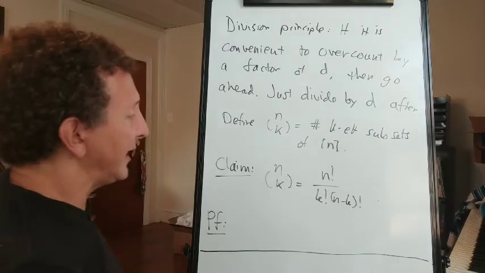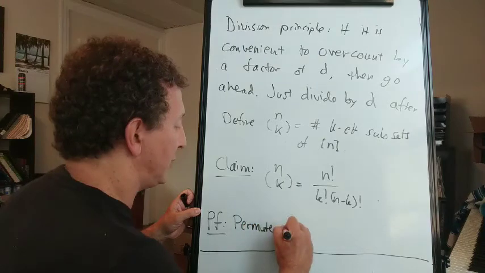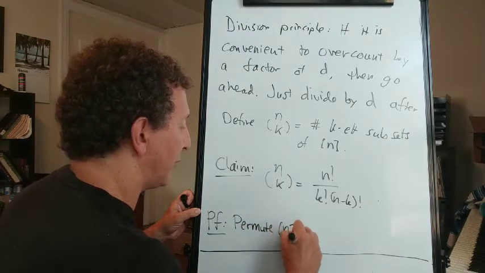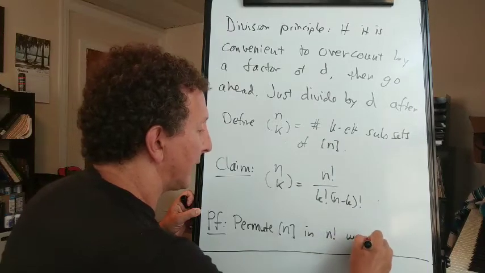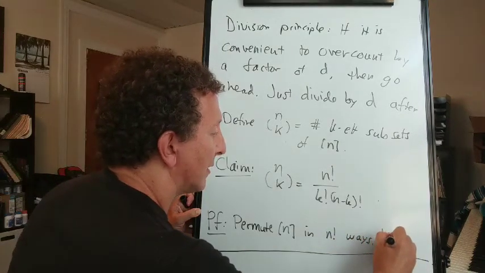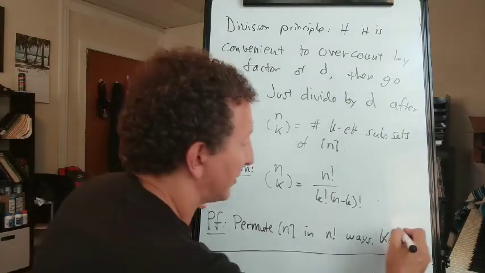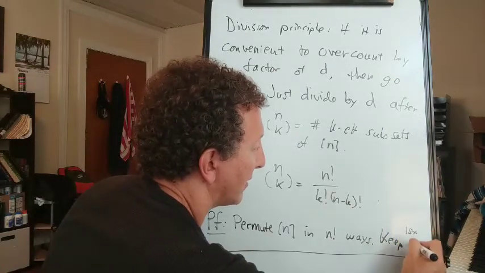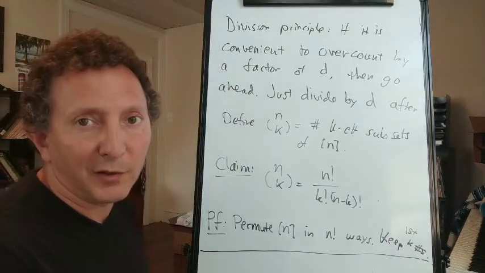So one way to get a k element set is to permute 1 through n in n factorial ways. And then we're going to keep the first k numbers and get rid of everything else.